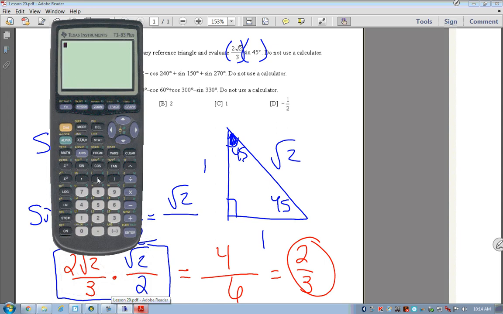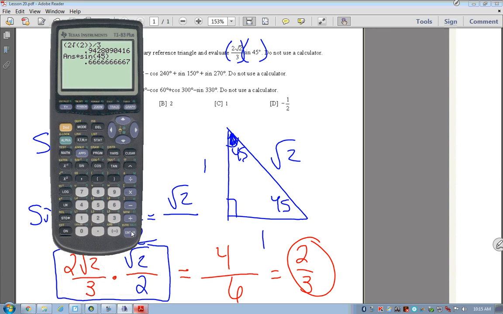So I'm going to do 2 square root of 2, divided by 3, times sine 45. First I'm going to check my mode. Nope, my mode is in the wrong thing. It needs to be in degrees. And I should get 2/3.